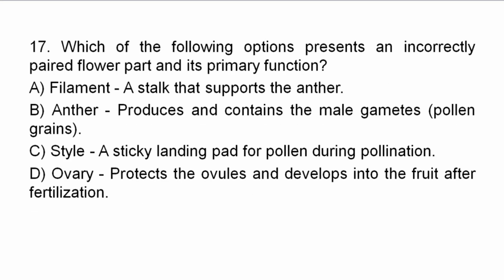Good, the last question. Question number 17. Which of the following options presents an incorrectly paired flower part and its primary function? A. Filament, a stalk that supports the anther. B. Anther, produces and contains the male gametes or the pollen grains. C. Style, a sticky landing pad for pollen during pollination.